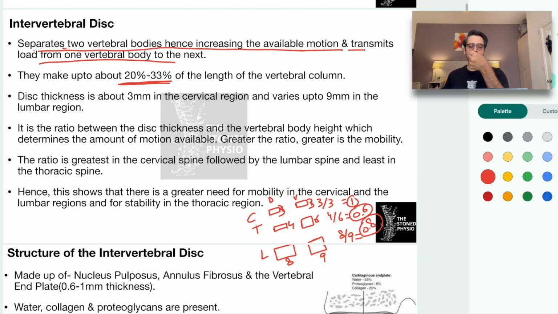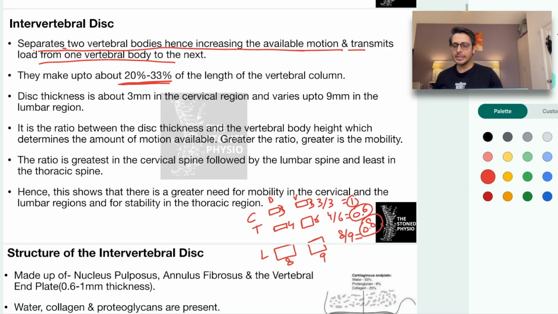Imagine if there were just vertebrae one over the other, the whole length of the column would have been just this much. But if we introduce these intervertebral discs between the bones, it increases the length of the whole spine by 20 to 30% almost.